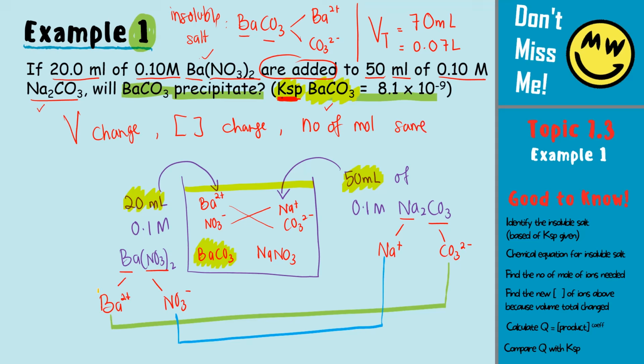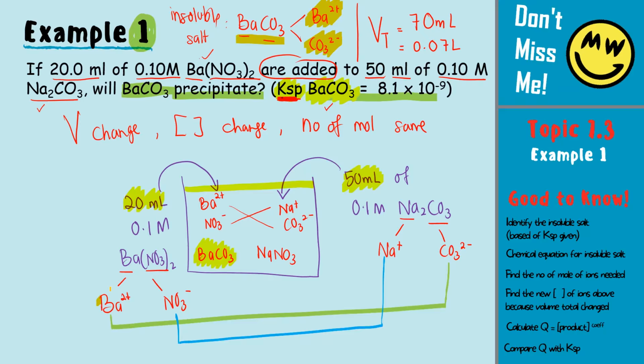Okay? Therefore, we need to find the number of mole for some ion. Which ion are we looking for? The salt that we are looking for is barium carbonate. Therefore, the ions that we are looking for are definitely Ba2 plus and CO3 2 minus.